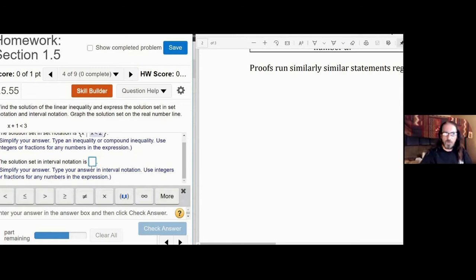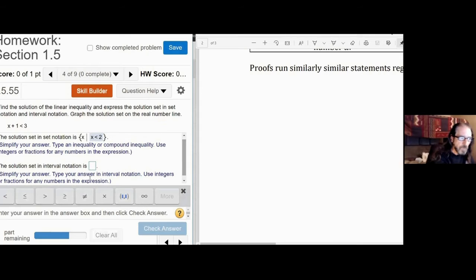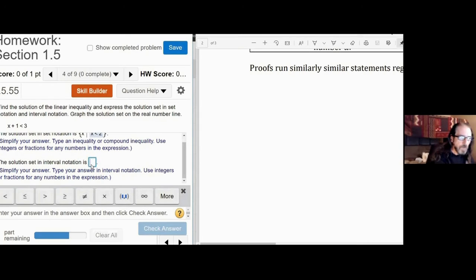Remember, interval notation, you must go left to right, least to greatest. So it would end at positive 2 because there's no or equal to. There's going to be a parenthesis by that. And numbers that are less than it keep going to the left.